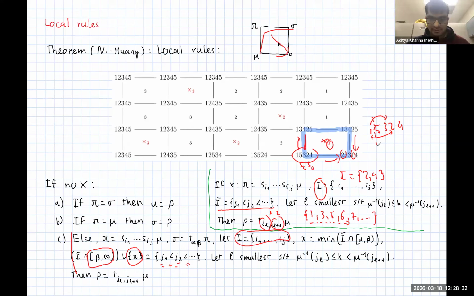Question about the fourth step. You said your j_l is 1 and j_l plus 1 is 2, but 2 is not in the complement, right? I think that plus 1 is not supposed to be in the subscript. So there are 2 plus 1 here, I think. This one is in the subscript, but this one is probably not in the subscript. Awesome.